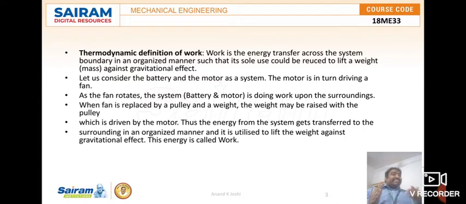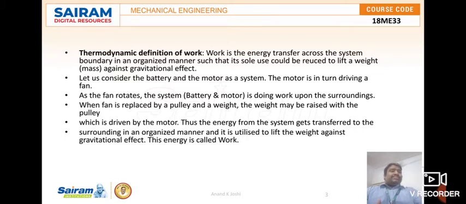Thus the energy from the system gets transferred to the surroundings in an organized manner, and it is utilized to lift the weight against the gravitational effects. This energy we call work, that is thermodynamic work.